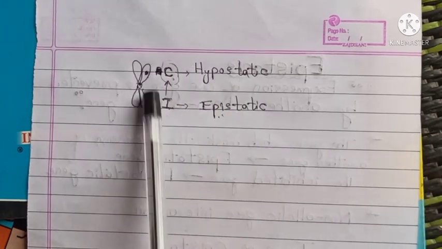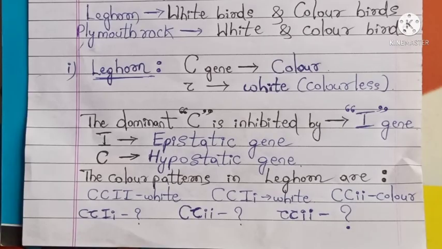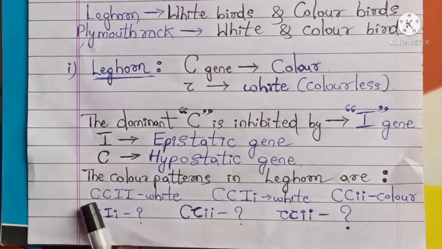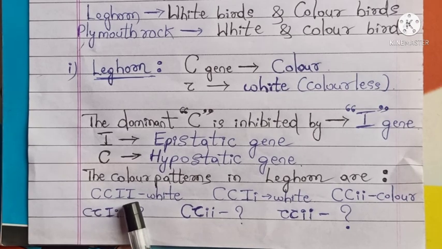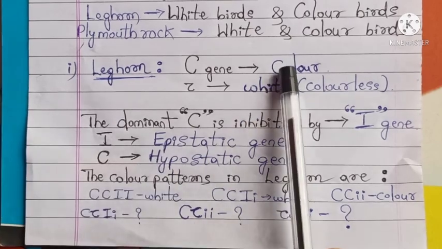So I hope now it is clear and you understood. Suppose you didn't understand, let us see by taking some genotypes. Here you can observe capital C, capital I, capital I. As I told you, capital C is present, it should express the color.